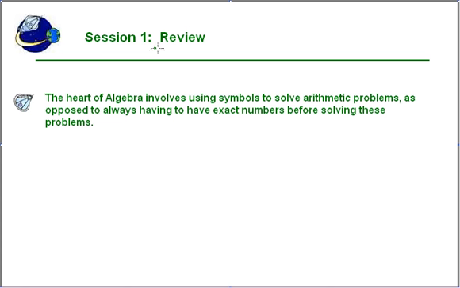So for session 1 review, the heart of algebra involves using symbols to solve arithmetic problems, as opposed to always having to have exact numbers before being able to solve these problems. And as this particular session illustrated through the number tricks, we were able to use symbols, squares and circles, to help us determine what the answers were to some particular mathematical problems.